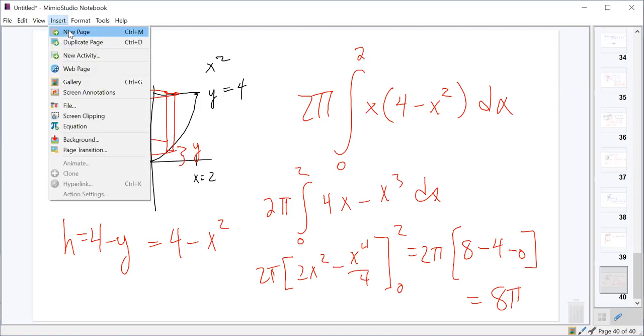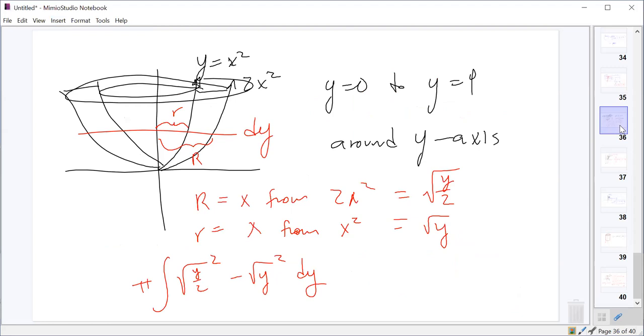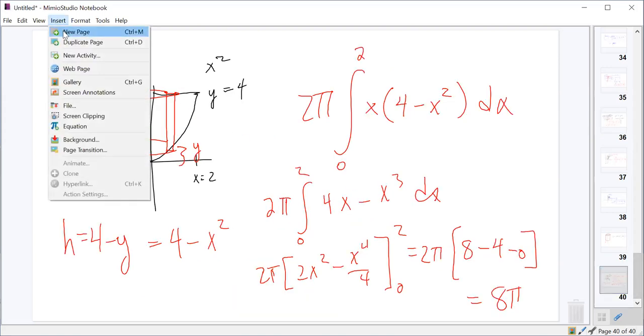So let's go back to this one. This is one that we did using discs and washers, but it had the gap in between. So are you talking about something like this? Yeah. Okay. So let me just get a new page down here.